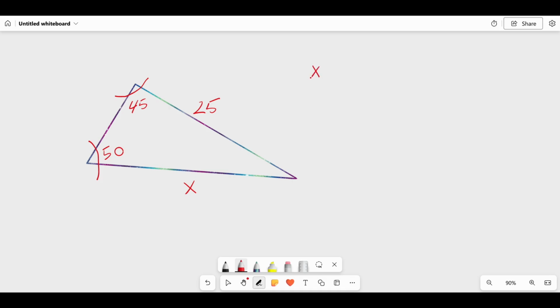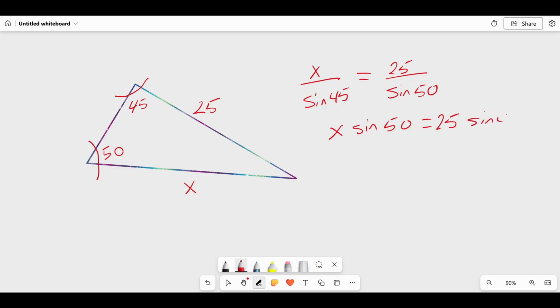Alright, so x over sine 45 is equal to 25 over sine 50. So let's do this cross multiplication, and we have x sine 50 is equal to 25 sine 45, and x is equal to 25 sine 45 divided by sine 50.